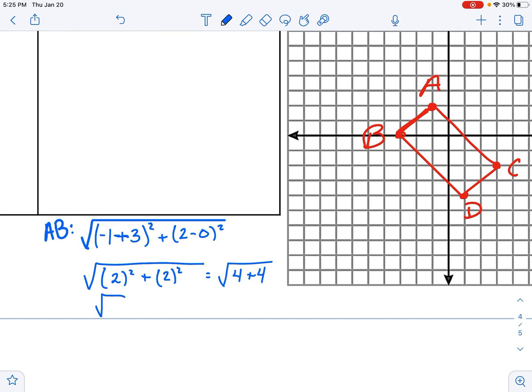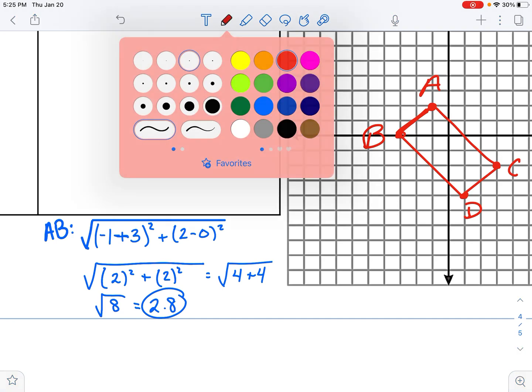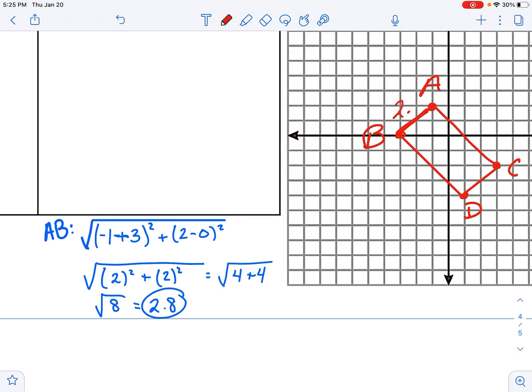So the square root of 4 plus 4 is the square root of 8, which, if I type that into a calculator, should be, let's see, 2.82 or 2.8. So AB's distance is 2.8.